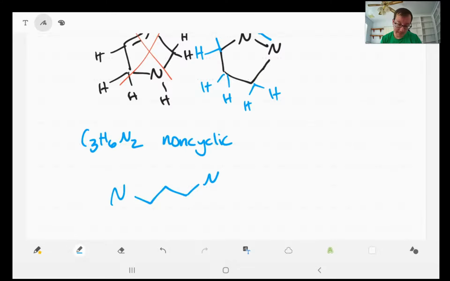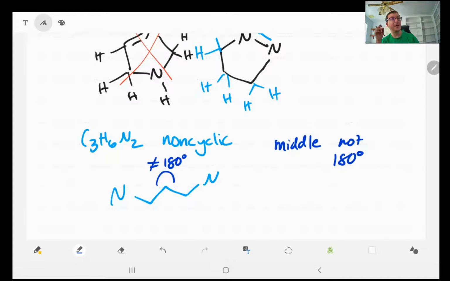So that means if it's not 180, that's our only other thing, right? We just have to have it cyclic with this connectivity, and then the middle unit has to not be 180. I don't know how to say not 180 there. Oh, unequal to, there we go. So as long as that's the case. Thankfully with this one we have a lot of options.